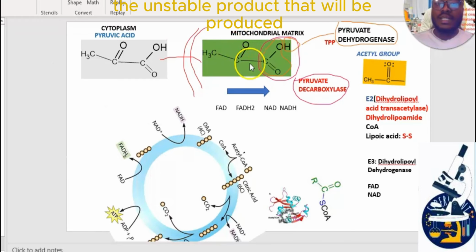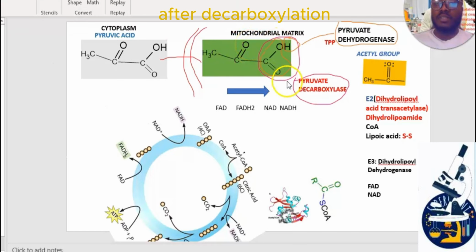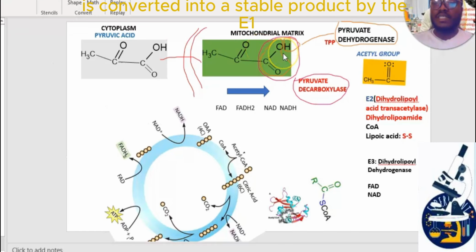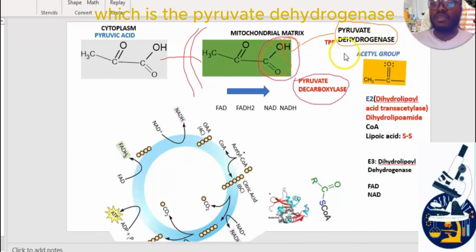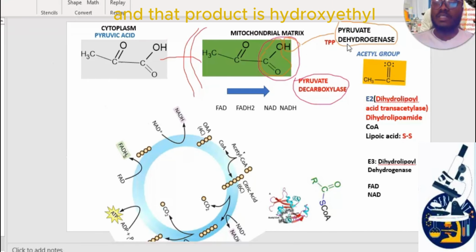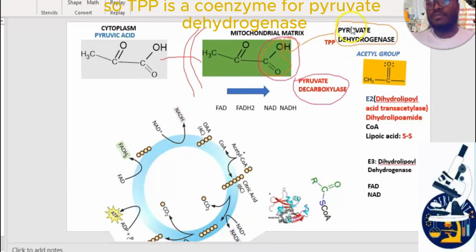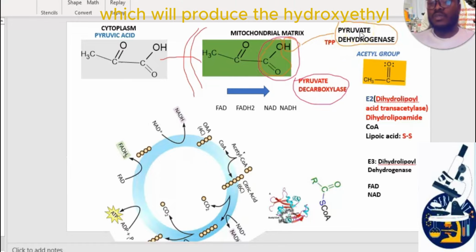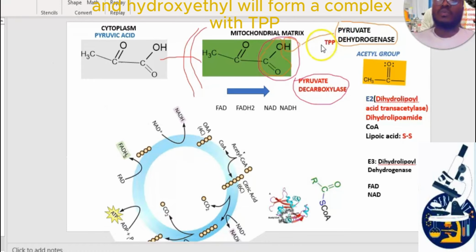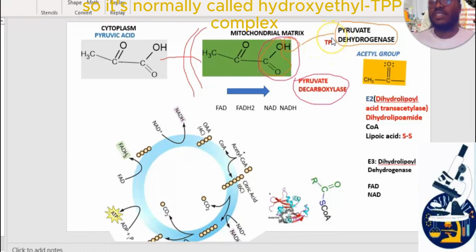The unstable product that will be produced after decarboxylation is converted into a stable product by the E1, which is the pyruvate dehydrogenase, and that product is hydroxyether, and hydroxyether is stabilized by TPP. So TPP is a coenzyme for pyruvate dehydrogenase, which will produce the hydroxyether, and hydroxyether will form a complex with TPP. So it's normally called hydroxyether TPP complex.